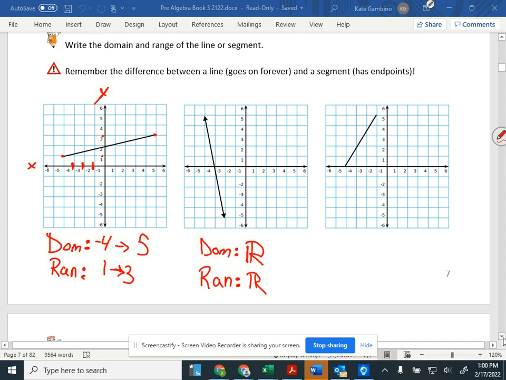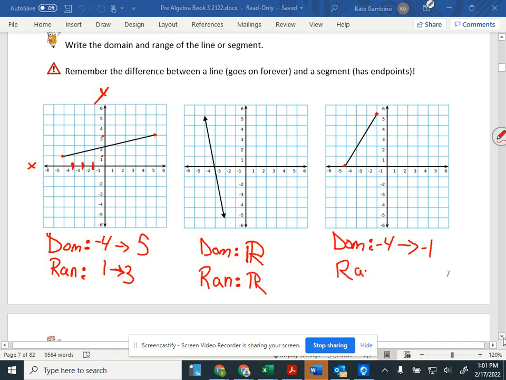It starts at a certain point, so it has a certain start and a certain stop. How do I write my domain and range for it, Leah? What would I put for my domain for this one? -4 to -1, because we go from -4 to -1.